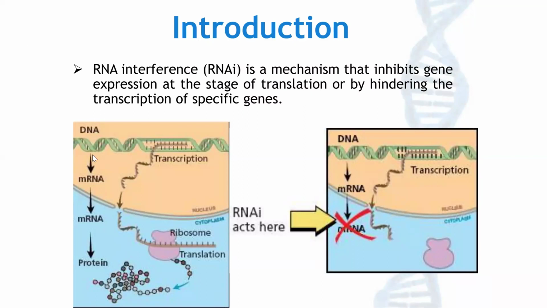Remember in the central dogma of molecular biology, we have DNA, and the DNA is converted to mRNA, and then the mRNA will be transported from the nucleus to the cytoplasm. Transcription usually takes place in the nucleus, while translation usually takes place in the cytoplasm.